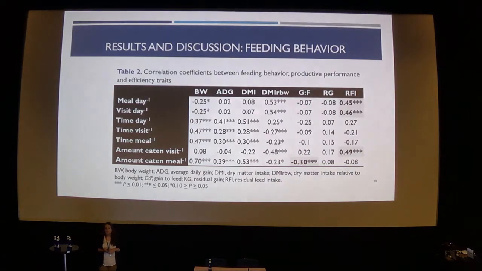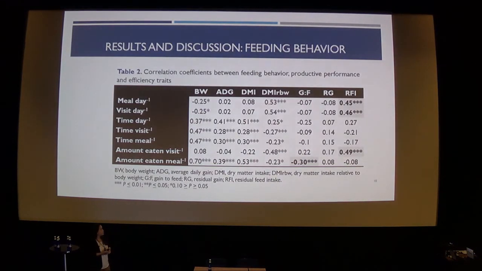Now, when we look at feeding behavior results, we also verified a positive association between meals per day and visits per day with residual feed intake. Those results are following the previous literature in which they suggest that more efficient animals would have a lower number of daily feeding activity.